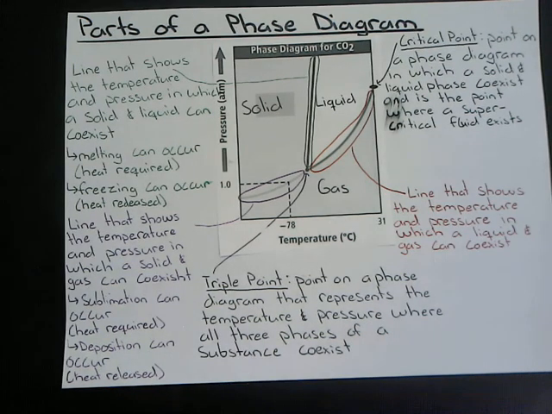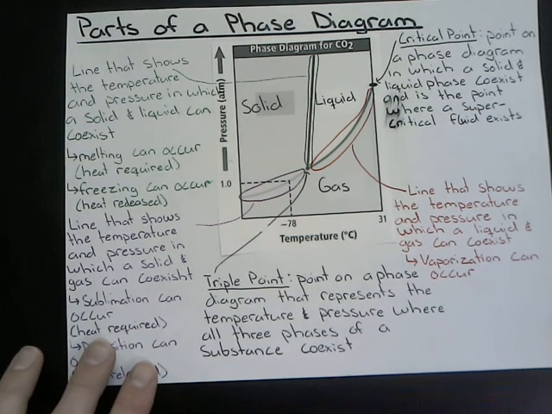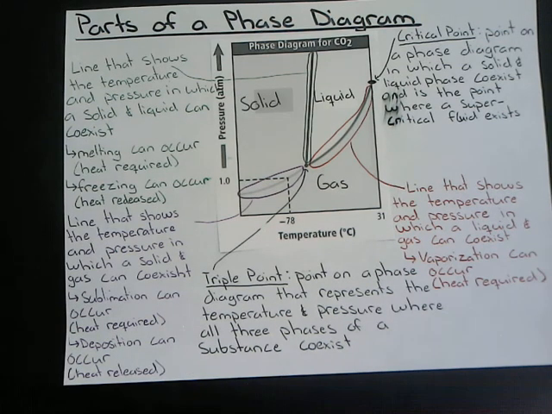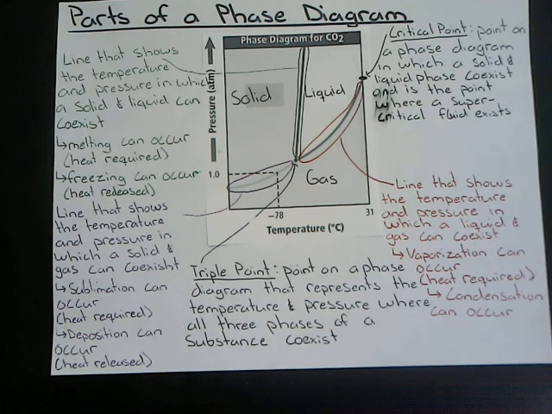Now, if a gas and a liquid can coexist, what we can have here is vaporization can occur. And remember, if we have vaporization, it's going to require heat. Now, if we go from a gas to a liquid, we can have condensation occur. Now, if condensation occurs, heat is released.